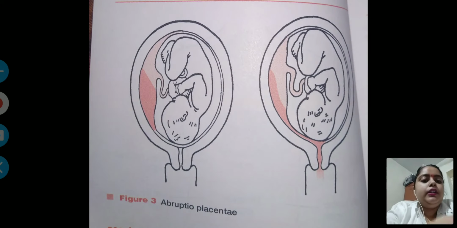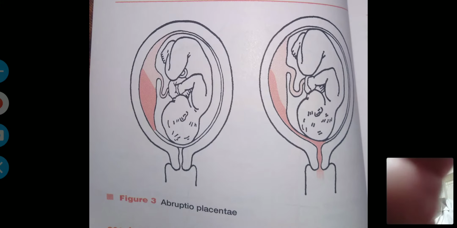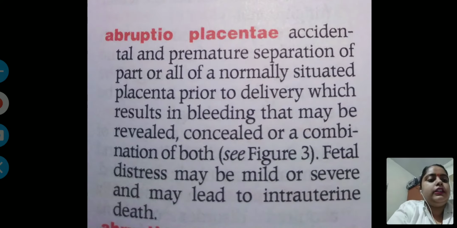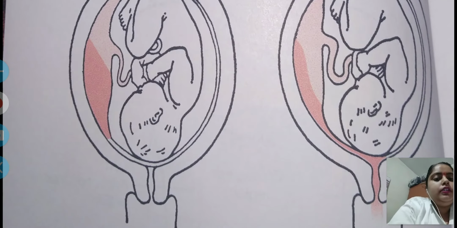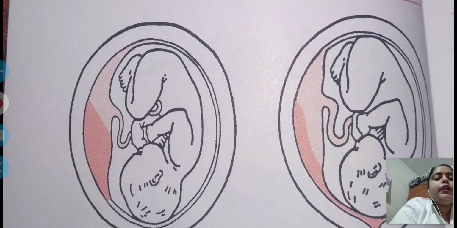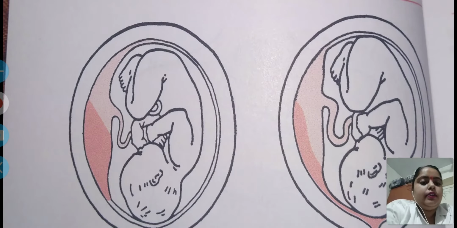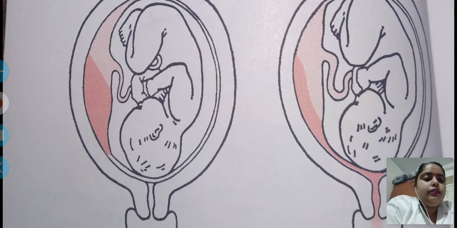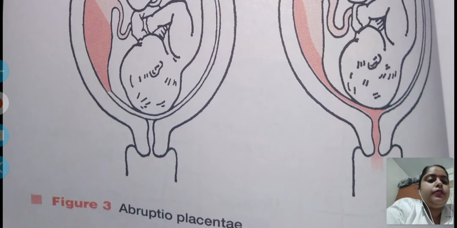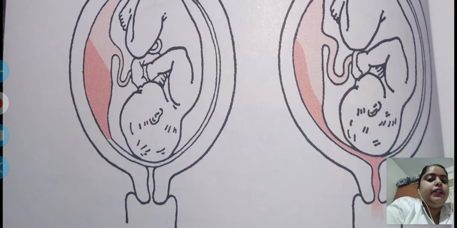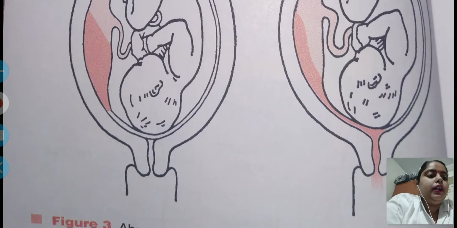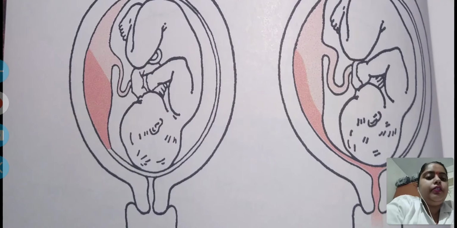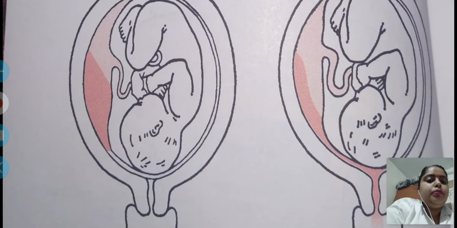So let's see. Here you can see the figure of abruptio placentae, where you see two conditions with a baby. In the second one, sometimes the placenta is disrupted and bleeding may occur, and in the first one the baby is in the correct position.